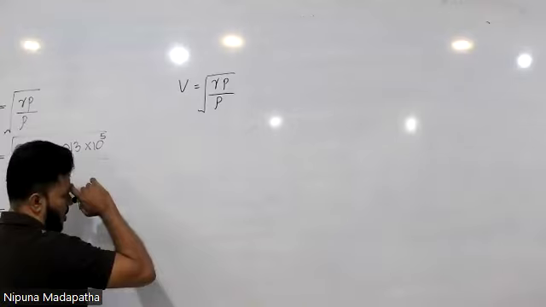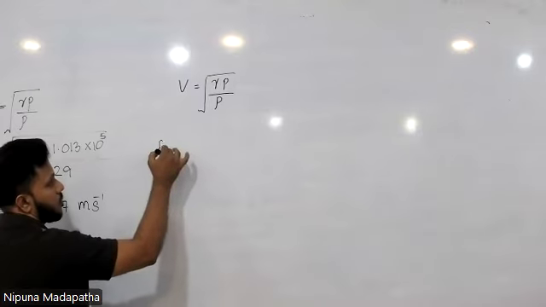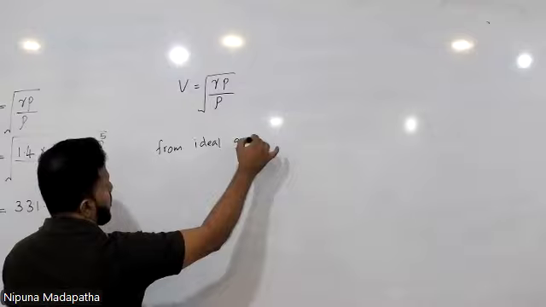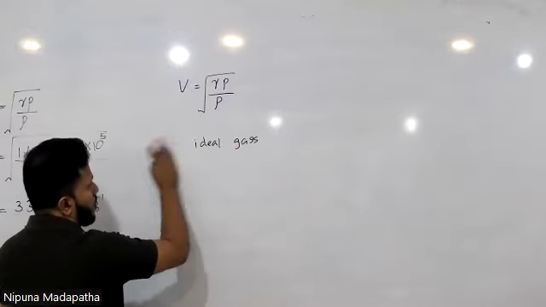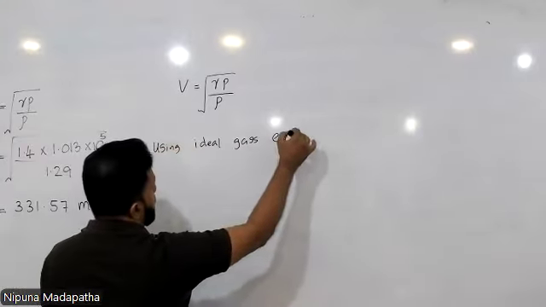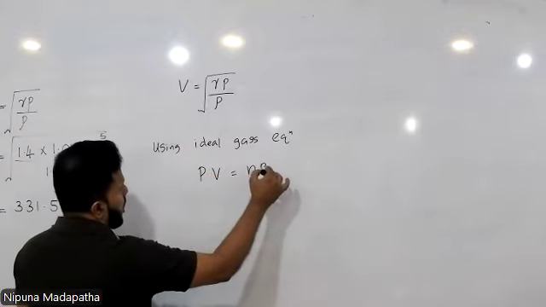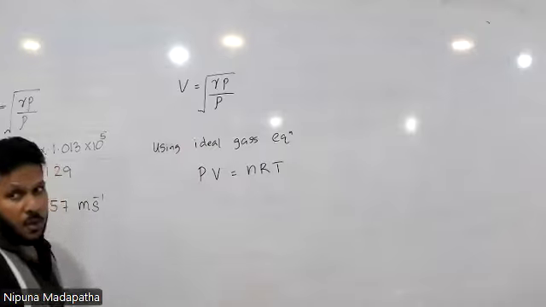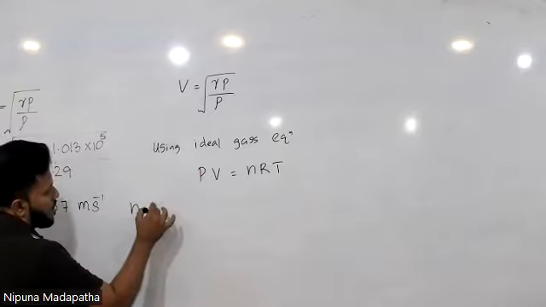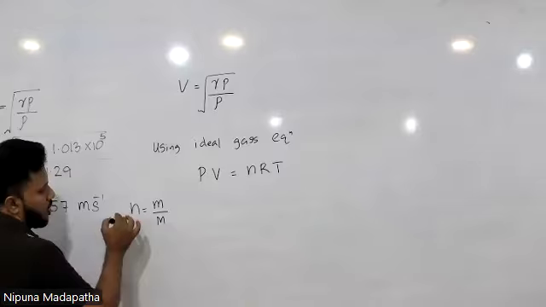What is the ideal gas equation? PV equals nRT, where n is the number of moles. The number of moles n equals mass over molar mass.